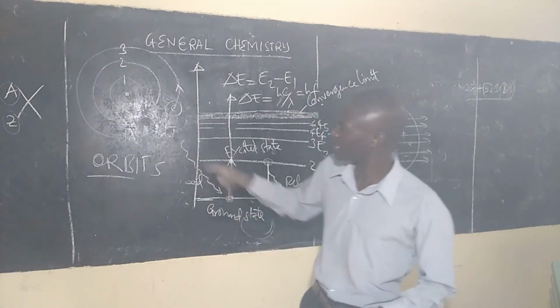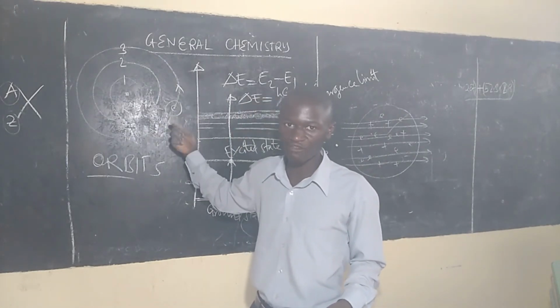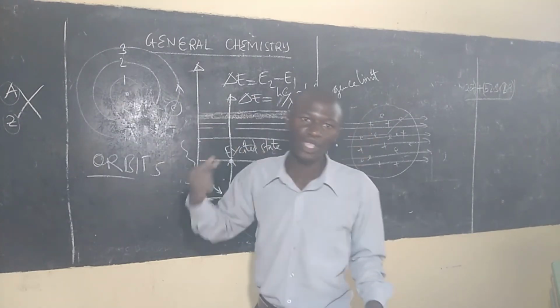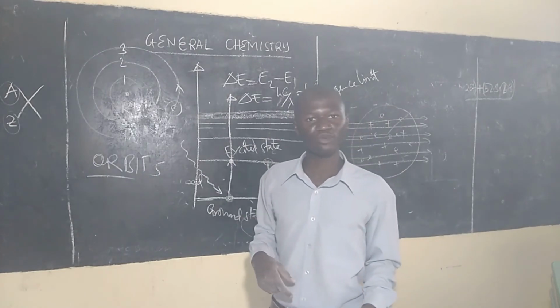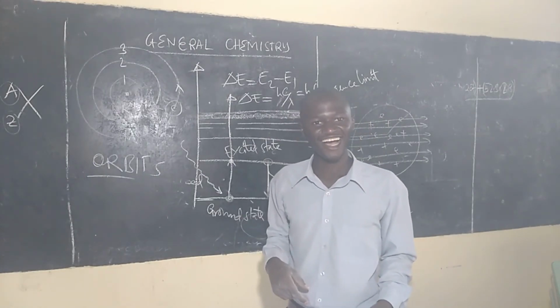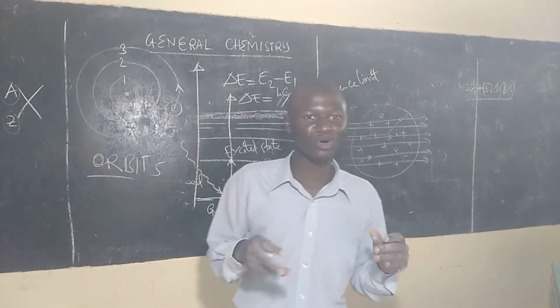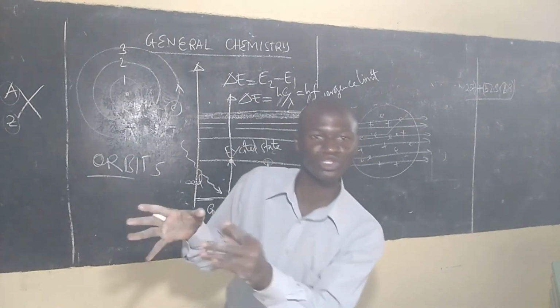Ndani kwenye orbits, within an orbit we have subshell. Within a subshell we have orbital. It's like rooms. Yeah, within a large house tunakuwa tuna small rooms, and then within small rooms we may have small rooms again.